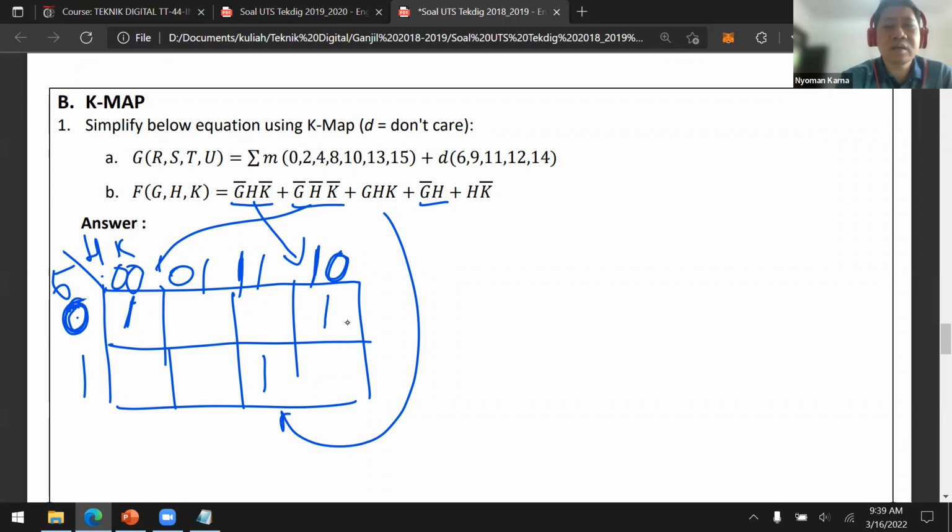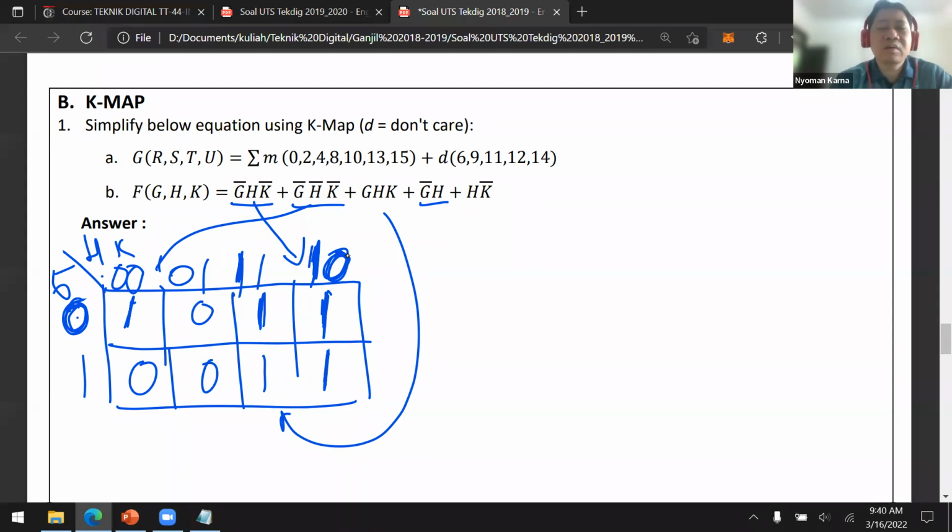This is the cell that are G naught and H. Now H, and K naught. This is K naught. So this is the one. H, K naught, 1 and also 1. And then the rest are 0. So this is the K-map.